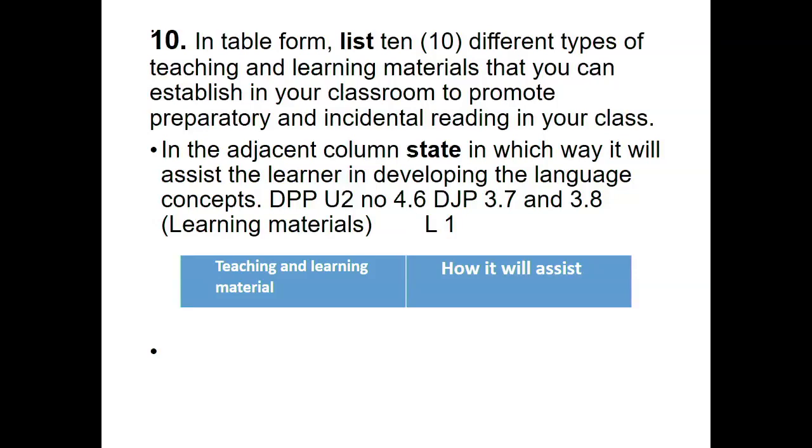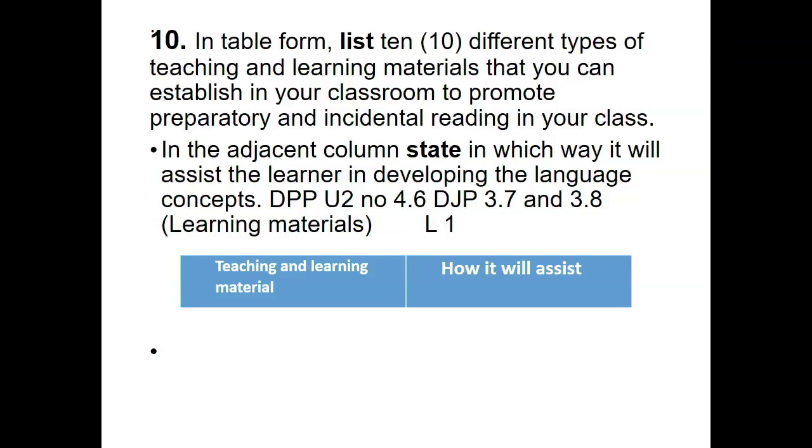Any teaching and learning material that you can put up on your wall that can help and promote preparatory and incidental reading. For example, the names of the children. Put it on the wall.